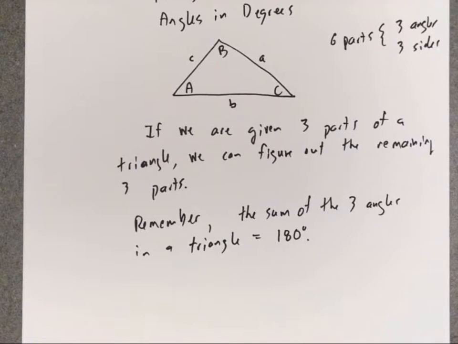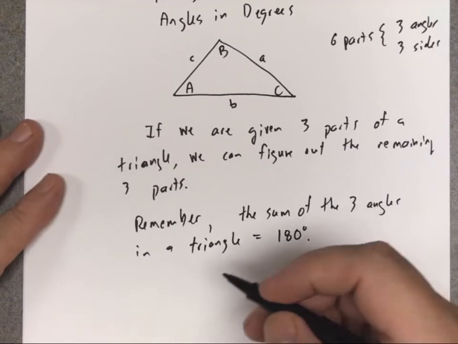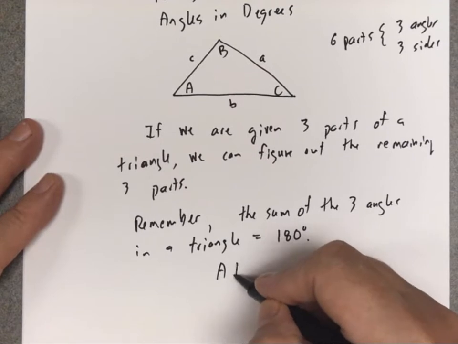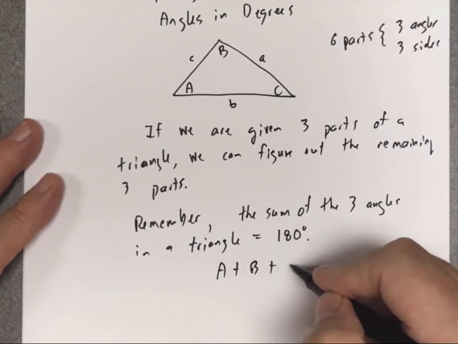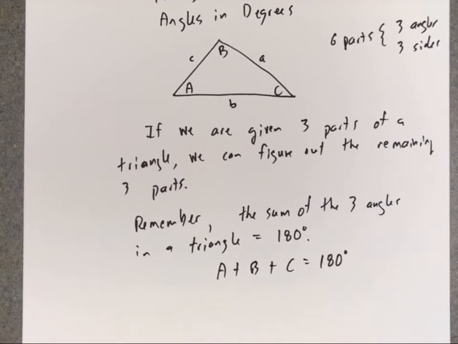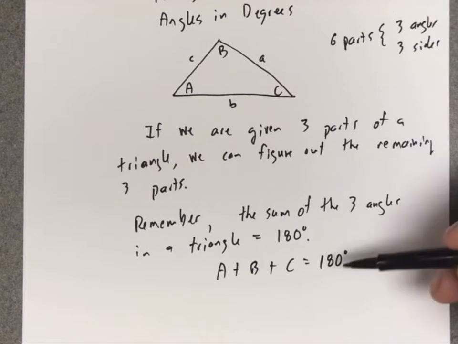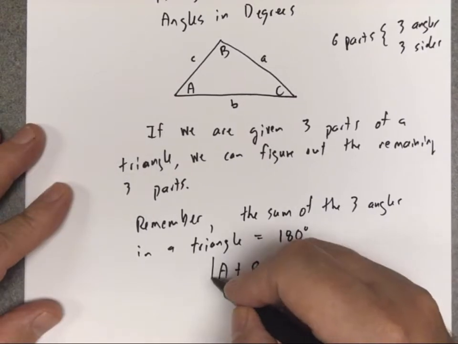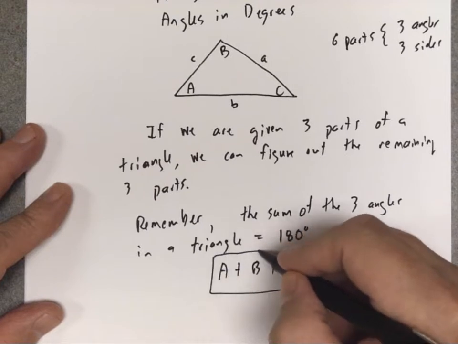If you add the three angles together, they always equal 180. So capital A, the measure of angle A, plus capital B, plus capital C equals 180. This becomes helpful because oftentimes you will get to the point where you know two of the angles of your triangle, and then it is very easy to get the third angle. So this is something that we're going to use over and over again.